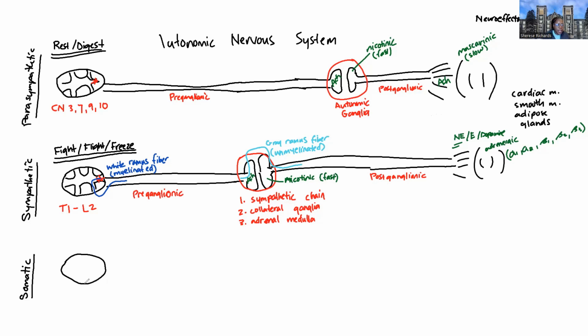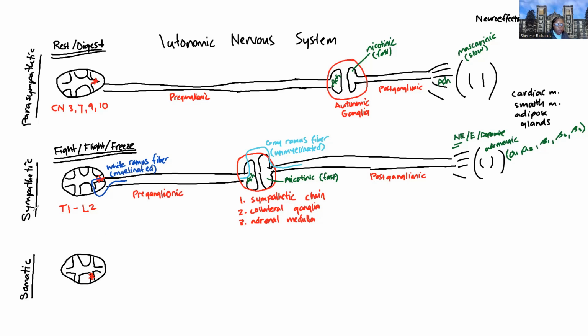Let's focus on the somatic system and think about how that compares. So the somatic nervous system, now we're going to have fibers arising from the ventral horn. So ventral horn is where they arise, and then they also exit through the ventral root.